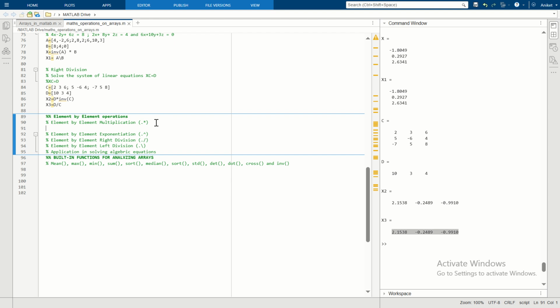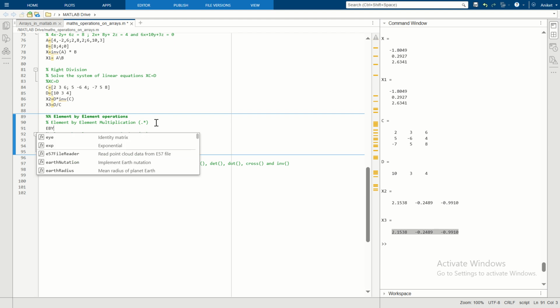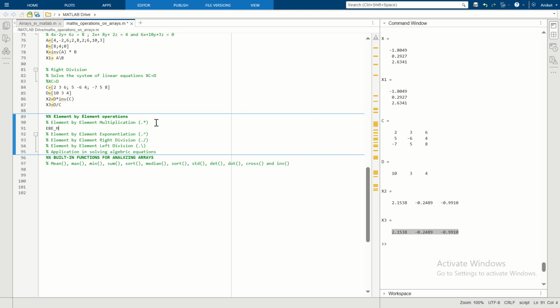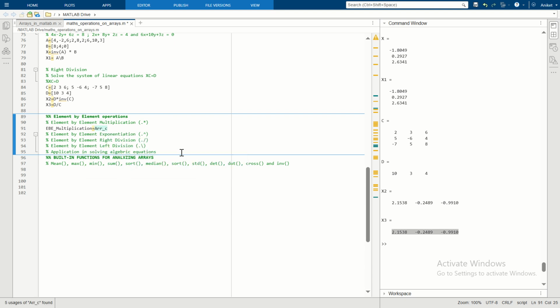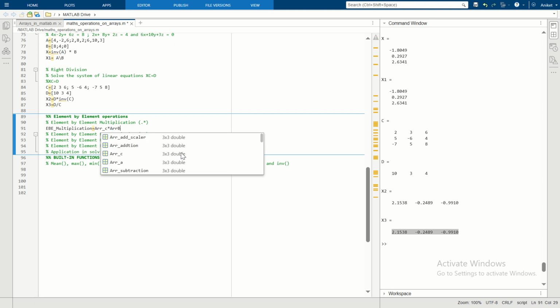Then if in certain terms we have to calculate element by element multiplication, let's say we have array 1, we take element by element multiplication, is equal to, now we'll do it for ARR C star ARR B.